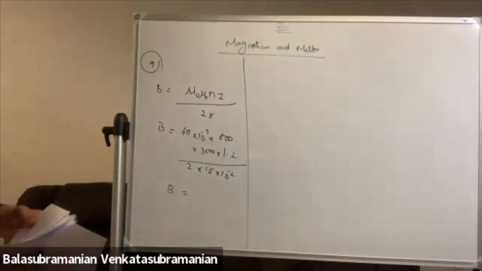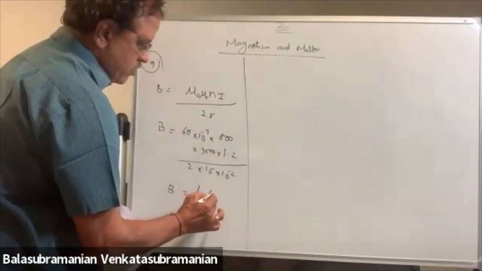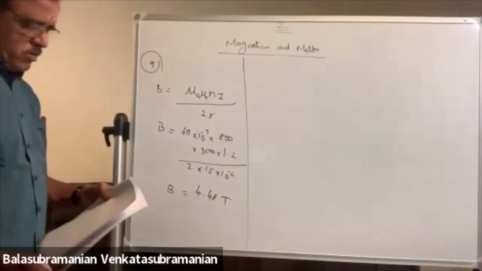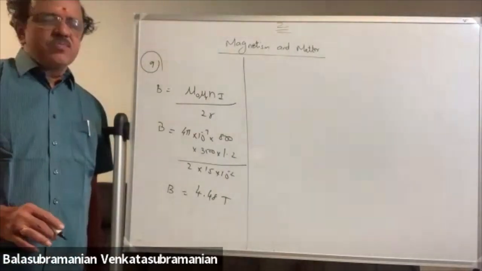So it should be 4.48 Tesla. 4.48 Tesla, the magnetic induction value.